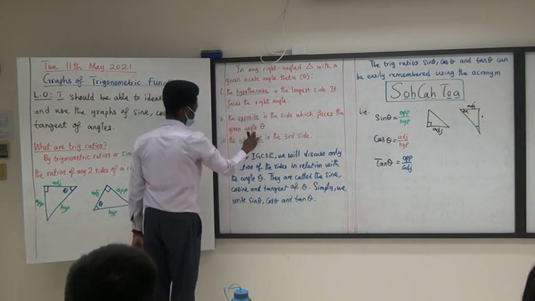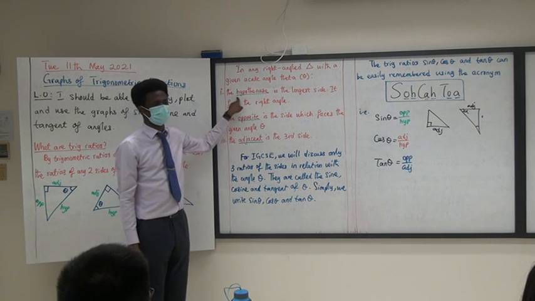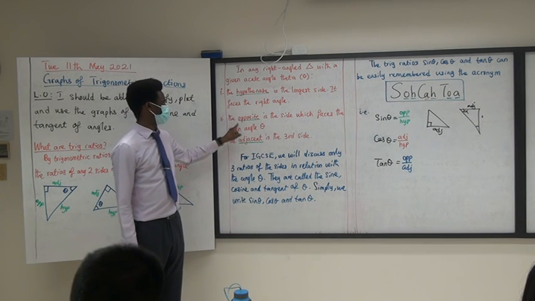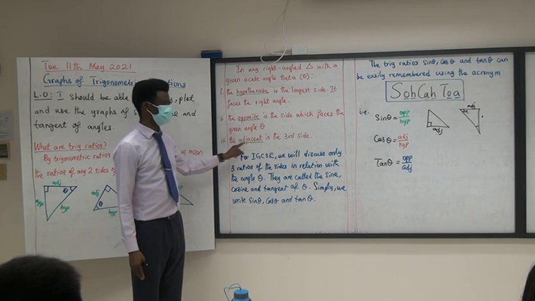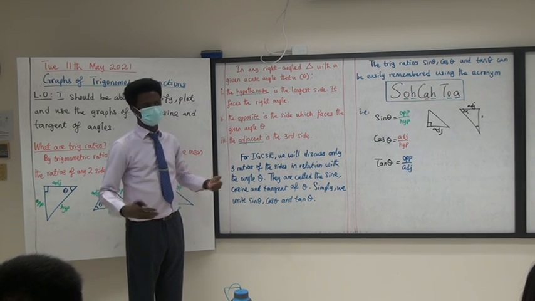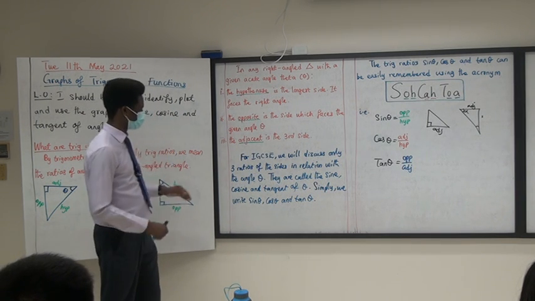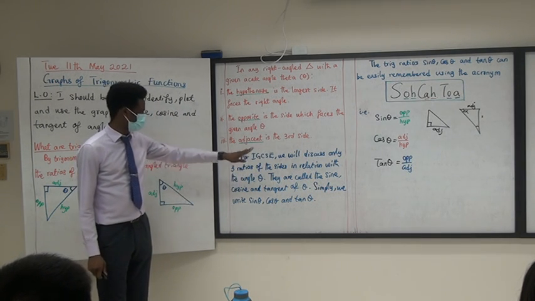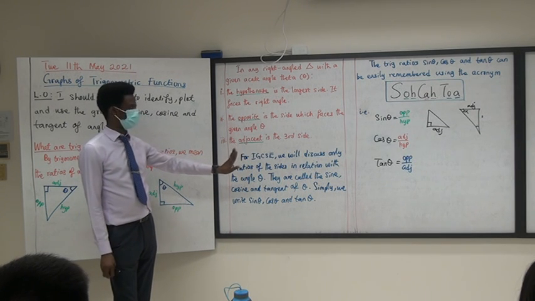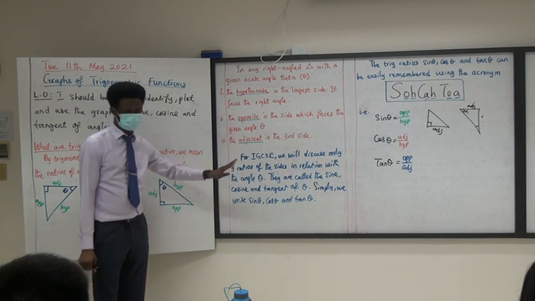Hypotenuse, opposite, adjacent. We usually just use the first three letters: HYP, OPP, and ADJ. You can use those short acronyms as well. Okay, moving on. For IGCSE, you only discuss three ratios in relation to the angle theta.